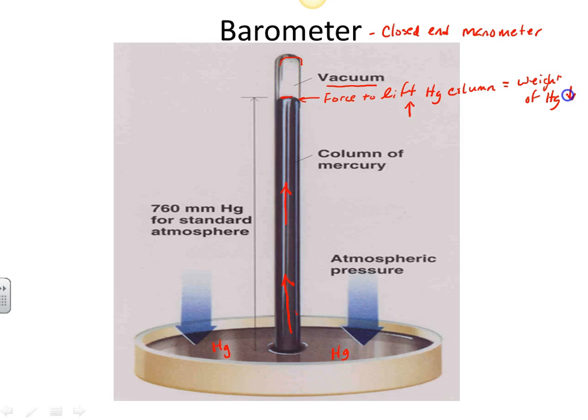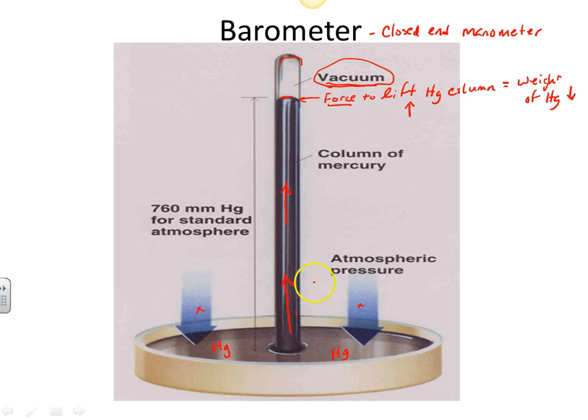The weight is a downward force. So they become equal, and the mercury stops rising. So what's supplying the force? It is the atmosphere pushing on the surface of the mercury here. So atmosphere pushing down. There's nothing inside the tube pushing down because we have a vacuum.